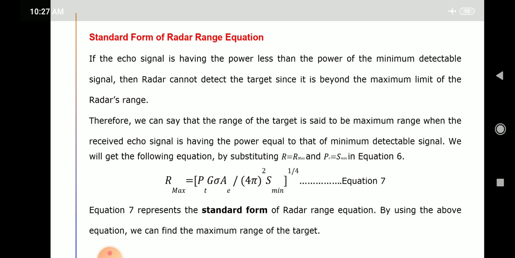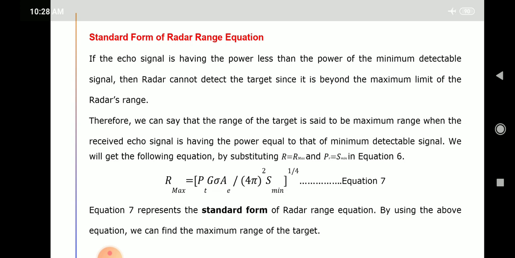If the echo signal has power less than the power of the minimum detectable signal, then the radar cannot detect the target, since it is beyond the maximum limit of the radar range.